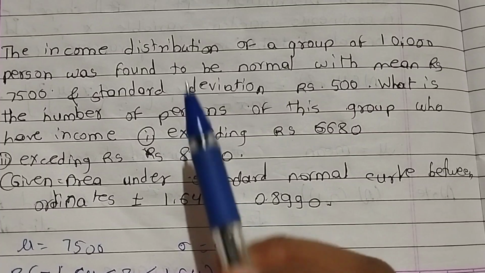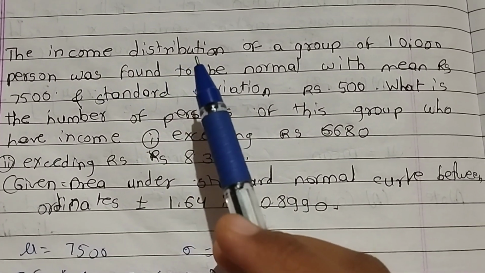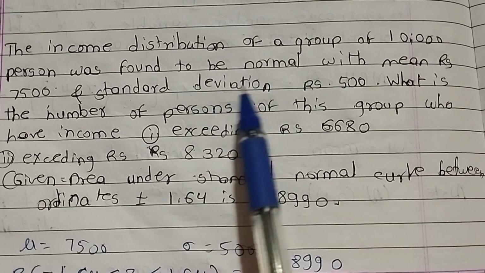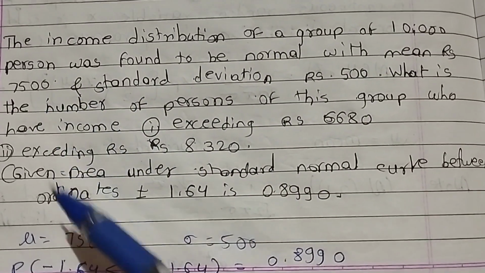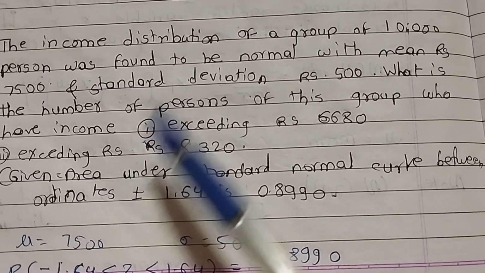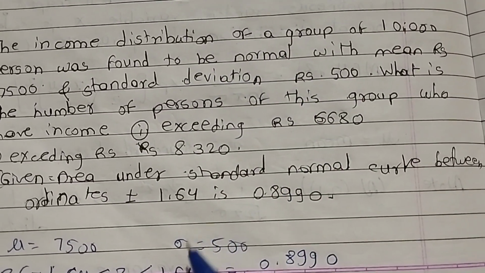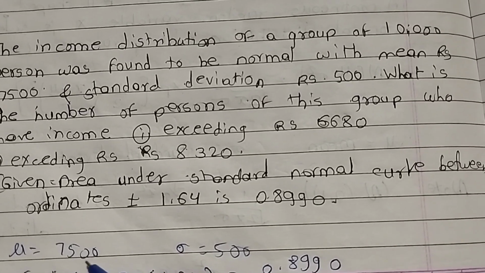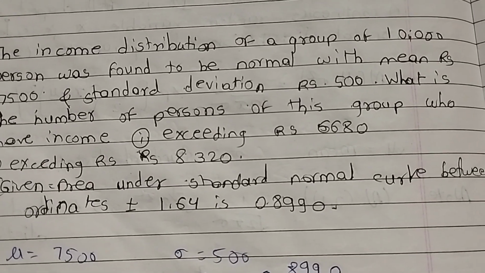If we read carefully, we see the values of the mean and the standard deviation are given. The mean is rupees 7,500 and the standard deviation is 500. So mu is equal to 7,500, sigma is equal to 500.